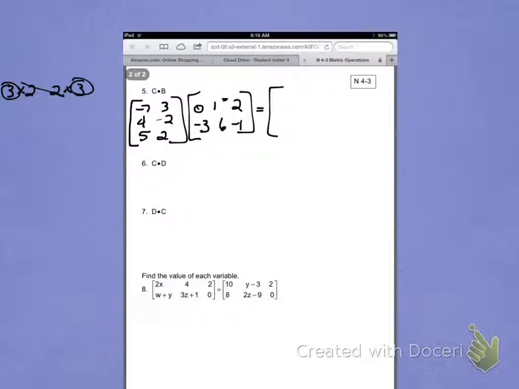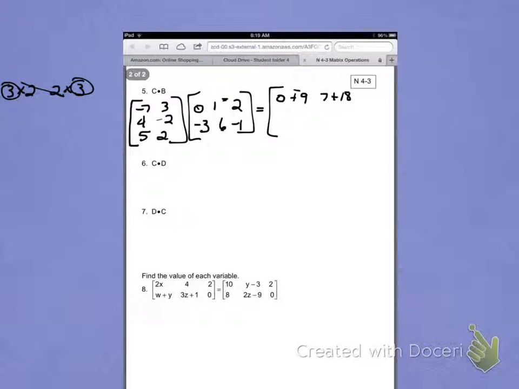Okay, so we're going to do negative 7 times 0, which is 0, plus 3 times negative 3, which is negative 9. All right, negative 7 times 1 is negative 7, plus 3 times 6 is 18.